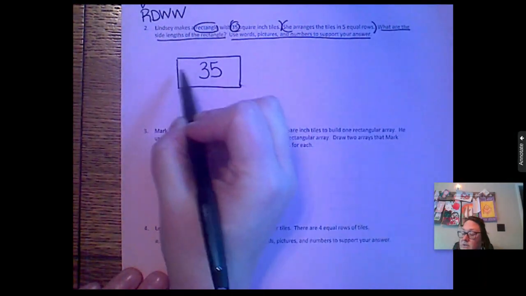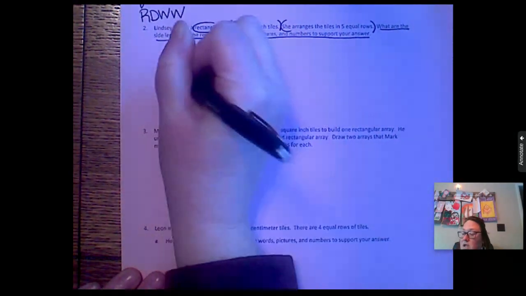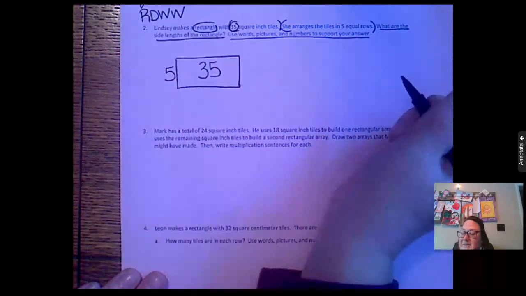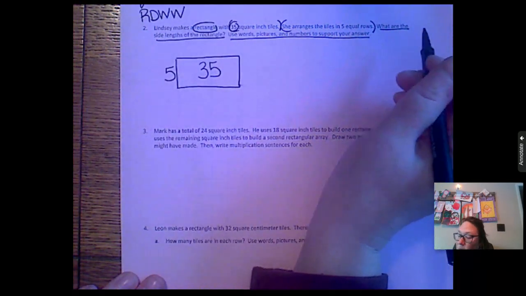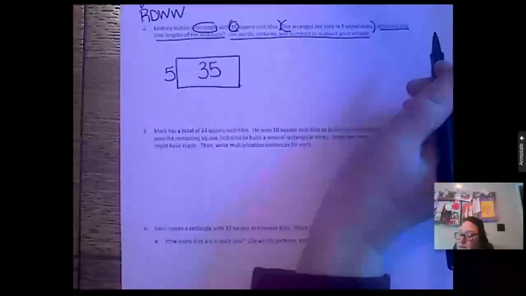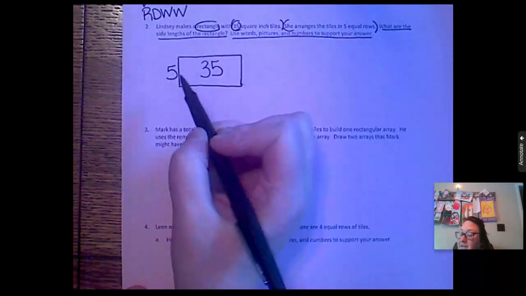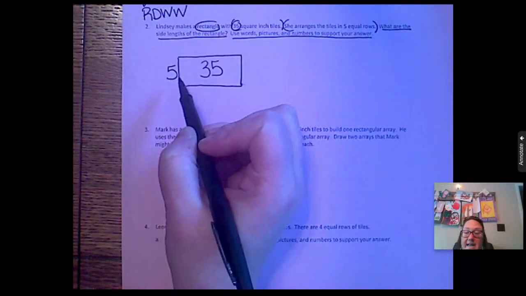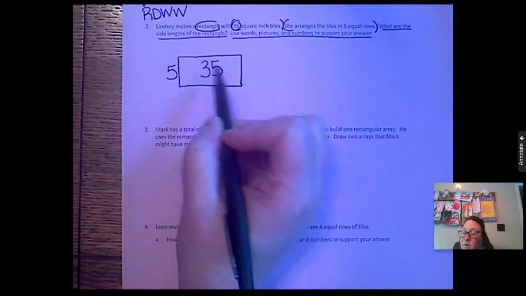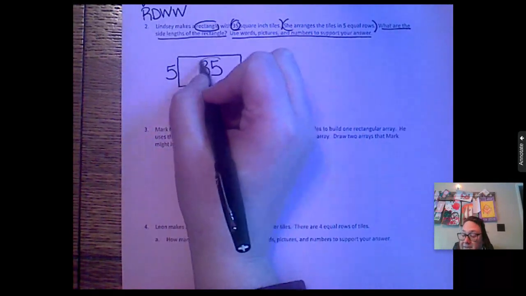All right. And she arranges the tiles into 5 equal rows. So my rows go this way. I'm going to put a 5 there. And I want to know, what are the side lengths of the rectangle? So if there's 5 rows, obviously that one side is a 5. So we know the total is 35.